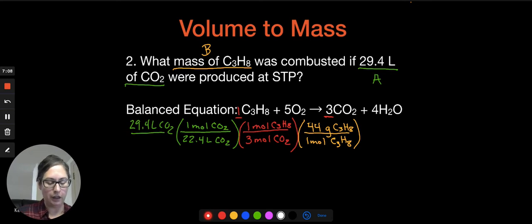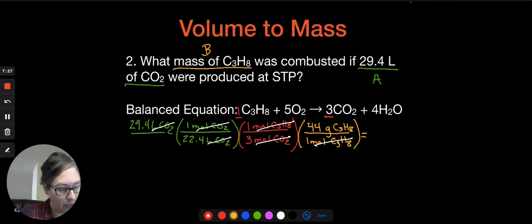So liters of CO2 cancel, moles of CO2 cancel, moles of C3H8 cancel, and we're left with grams, which is what we want to know. And so when we calculate this out, we should get 19.3 grams of C3H8.